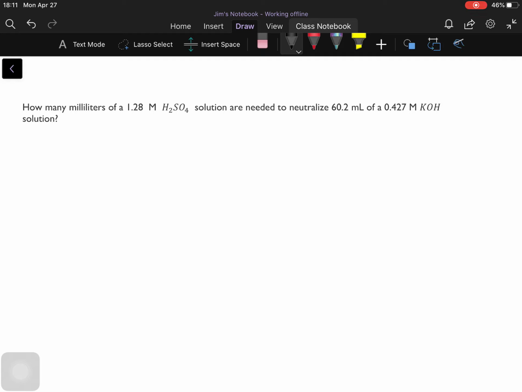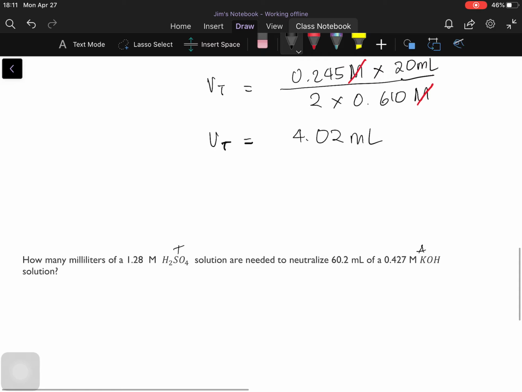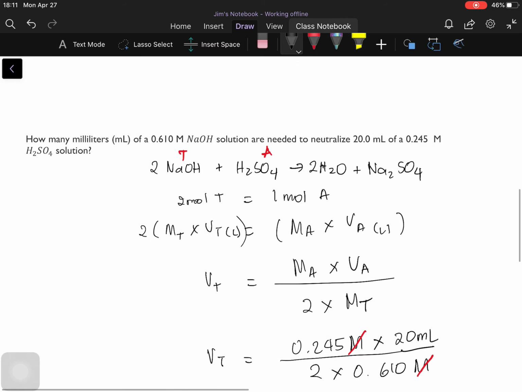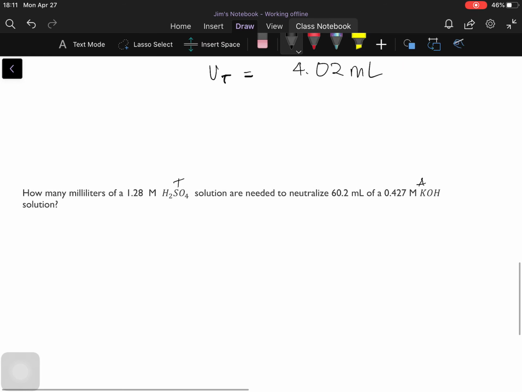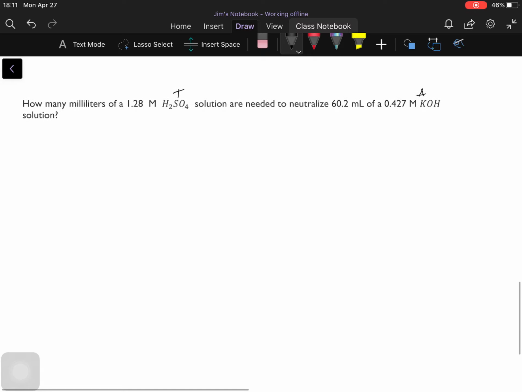This time we are going to add the sulfuric acid into the potassium hydroxide, so sulfuric acid will be our titrant, potassium hydroxide will be our analyte. The reaction is still the same. However, instead of having sodium as the cation for the base, we have potassium. And so we're just going to replace the sodium with potassium.